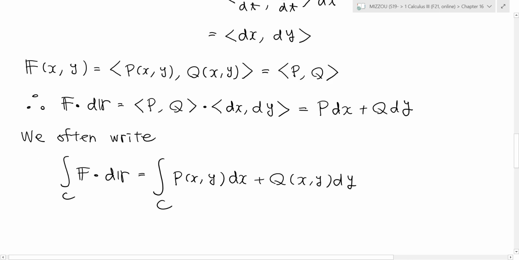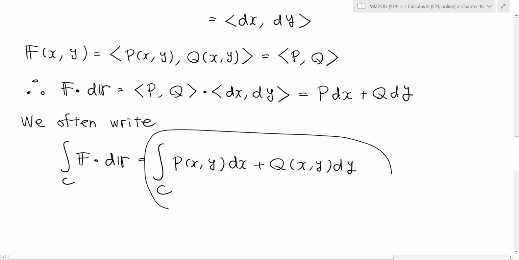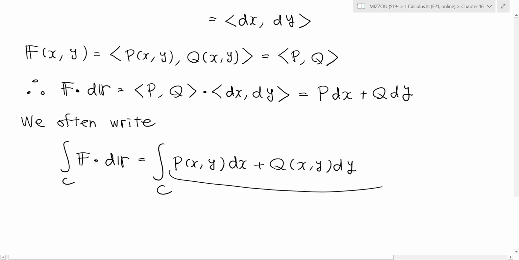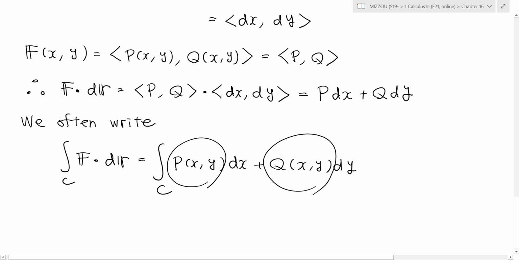And then usually a problem of line integral of vector field is given in this way. It looks a little strange, but it's okay. Just a notation. You may think of it as a notation, where the x component of the vector field is this, and the y component of the vector field appears with dy.